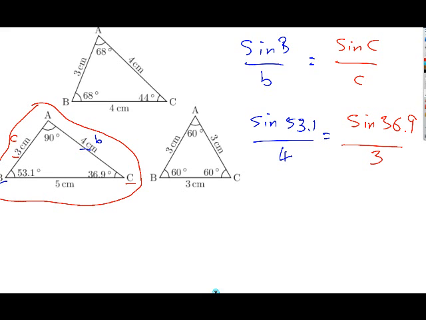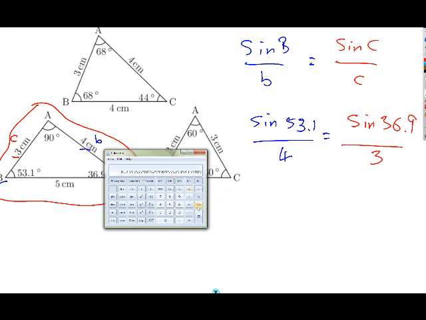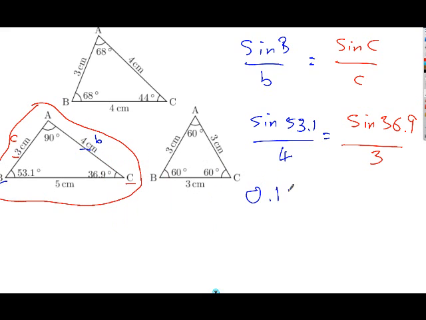So let's see what happens. 53.1 sine, divide that by 4, 0.1999. That's 4 decimal places.